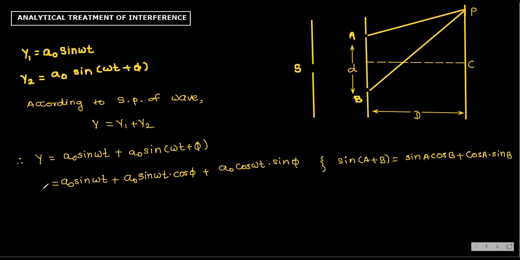So what we got: y is A0 sin omega t plus A0 sin omega t cos phi plus A0 cos omega t sin phi.